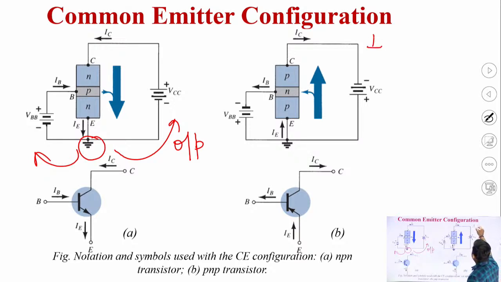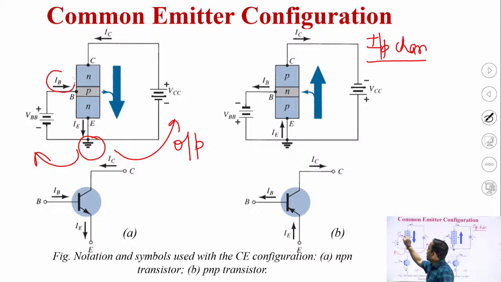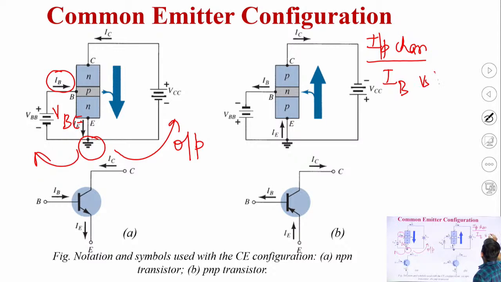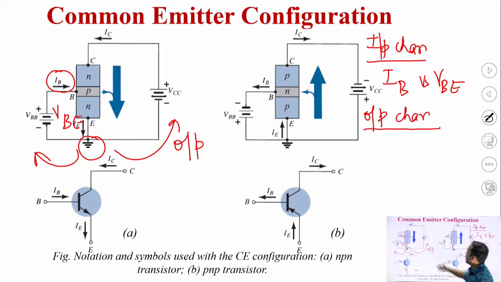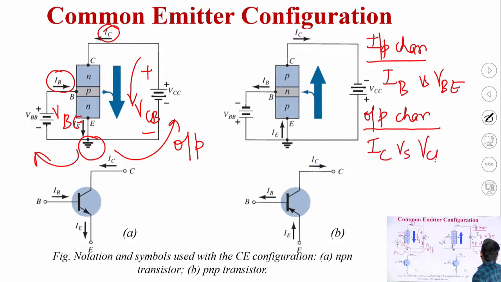For the input characteristics, the curve will be between IB and VBE, IB versus VBE, and the output characteristics will be between IC and the voltage VCB, collector to base voltage. So IC versus VCB.